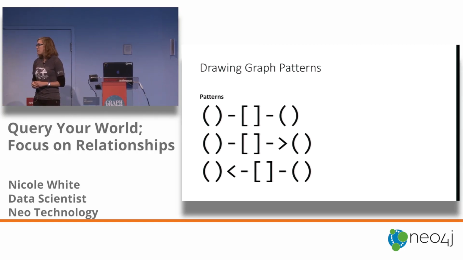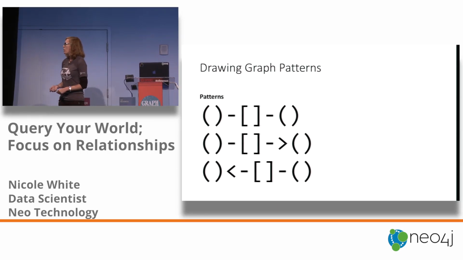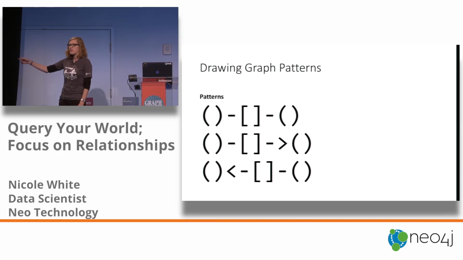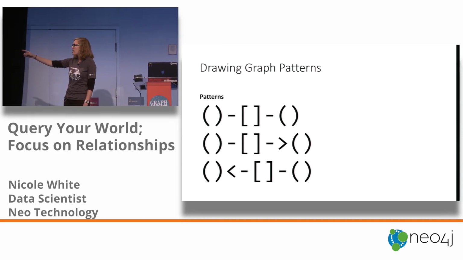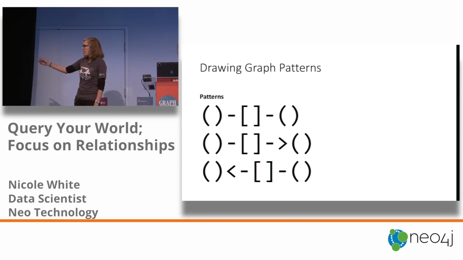And then optionally, actually this is probably how you'd use Cypher most commonly, you'd specify a direction of the relationship, because in Neo4j, relationships are necessarily directed. So you would do that with greater than or less than signs, right? So here we're saying that this node on the left has an outgoing relationship to this node on the right, and then vice versa there on the bottom.